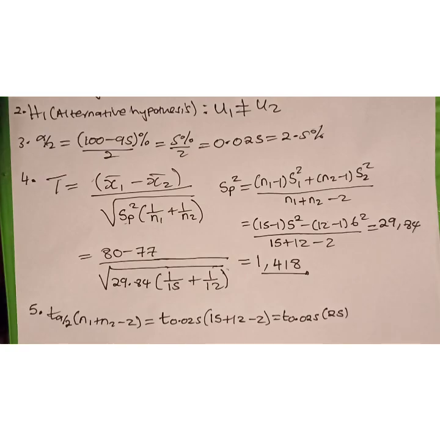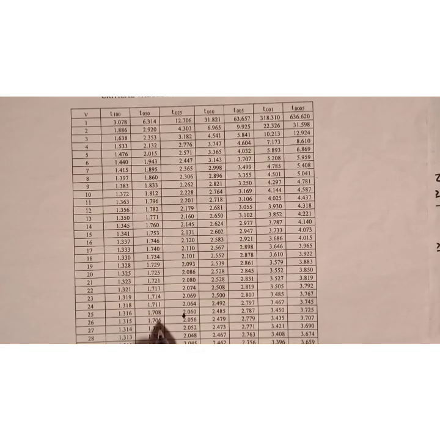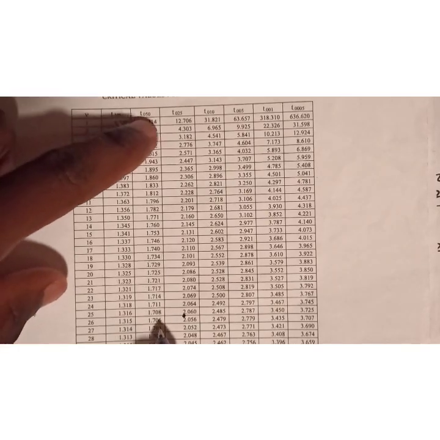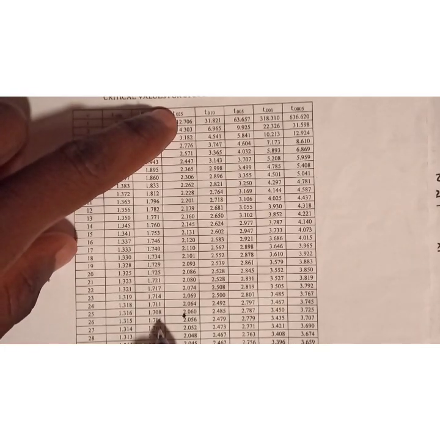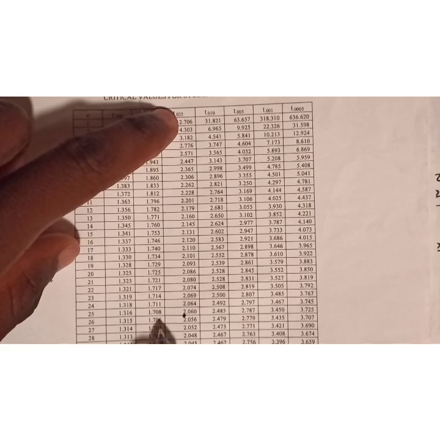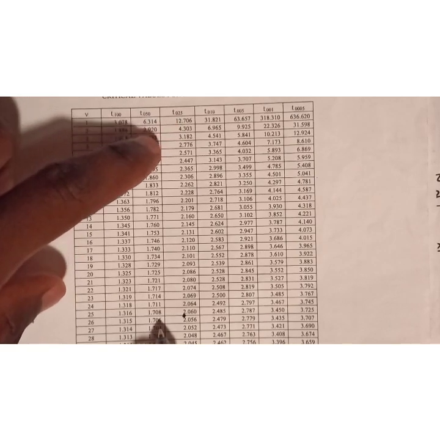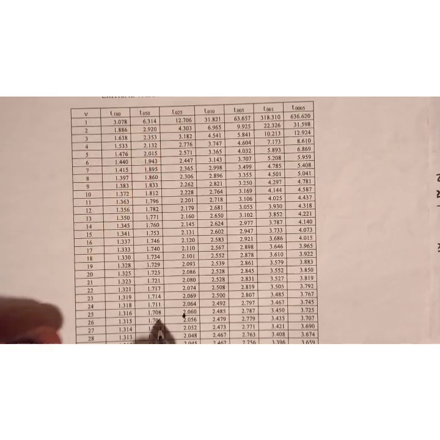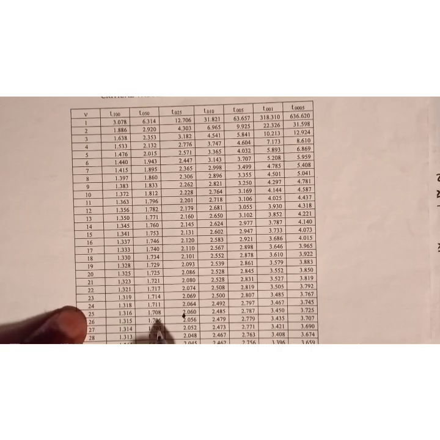So in the t table, the value I'm looking for is the one that goes with 0.025 here and also your degrees of freedom, which is 25. So my value is 2.060.